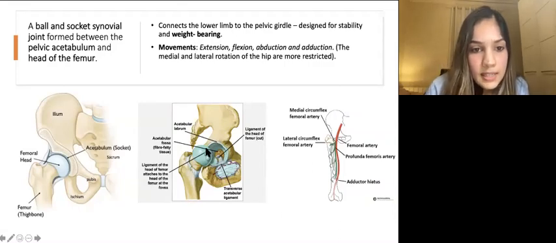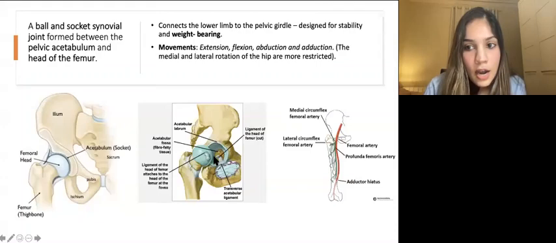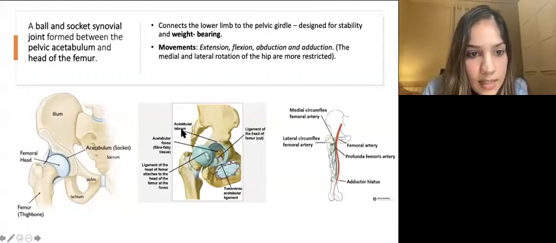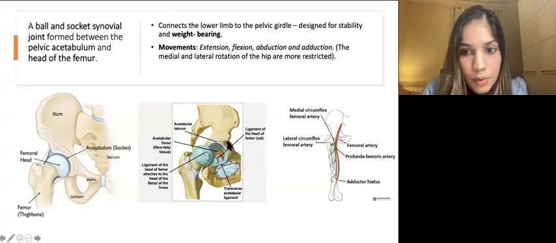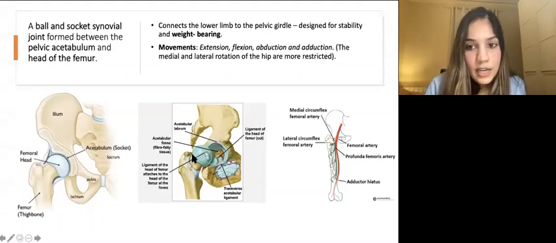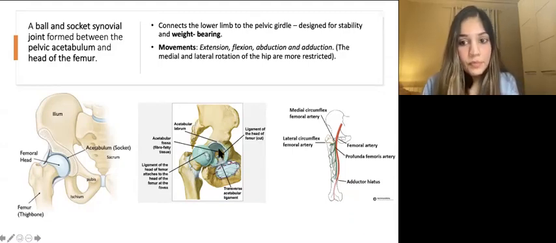So this acetabulum fossa that we've mentioned earlier is deepened by this acetabular labrum, which is basically a fibrocartilaginous collar. And so the head of the femur is hemispherical, and it completely situates itself within this concave acetabulum.